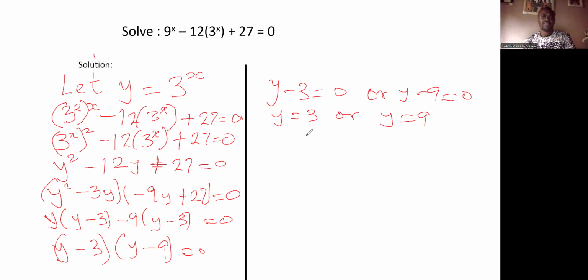But don't forget, y is 3 raised to the power of x. So can I rewrite the 3 we have gotten here as equal to 3 raised to the power of x.